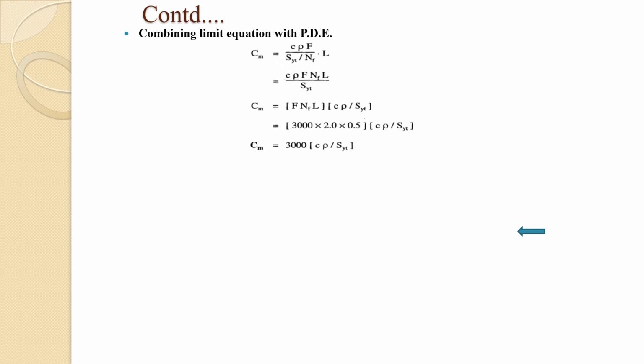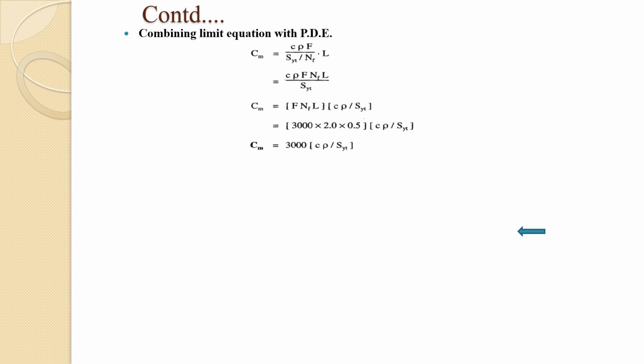Combining limit equation with the PD. Now, the limit equation is sigma T is equal to SYT upon NF, and put that value and you will get Cm is equal to c into rho into F divided by SYT divided by NF. Now classify the parameters according to the functional parameters, material parameters and geometrical parameters.